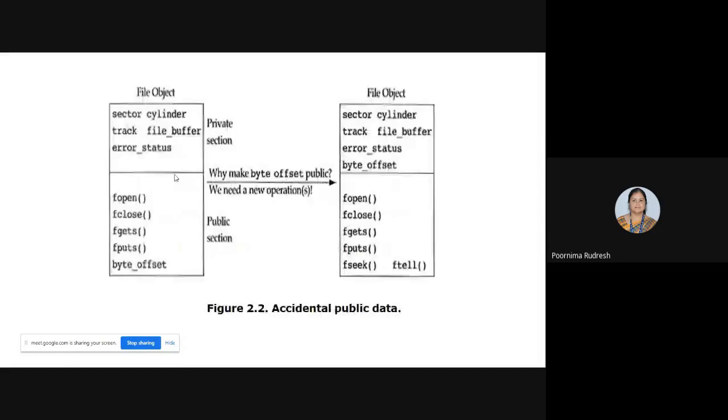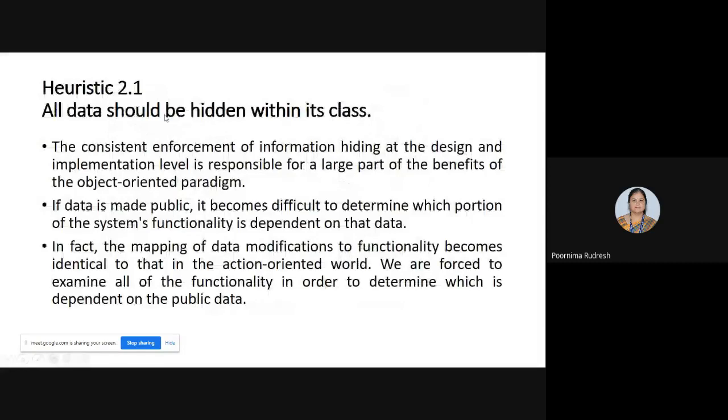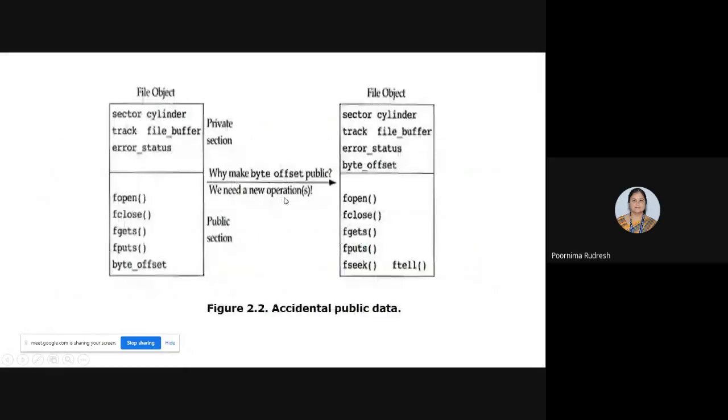The main thing you have to remember is what it concentrates on or what it stresses upon. So this single line you need to remember: all data should be hidden within its class. You have to write that sentence. After that, you can explain in your own words and give any examples. It is not necessary that you give only these two examples.